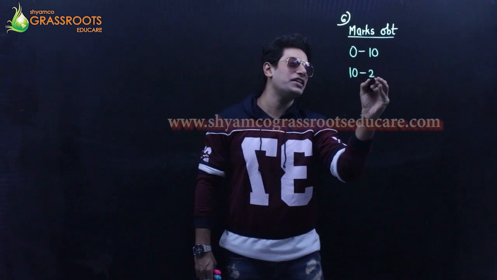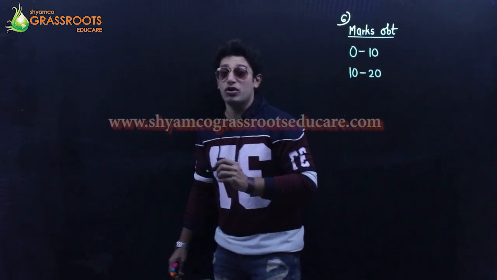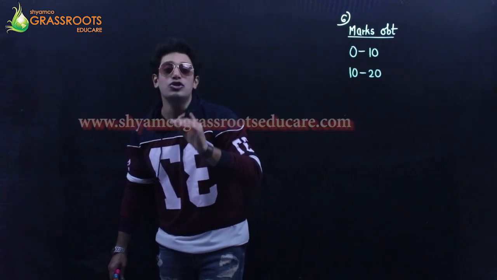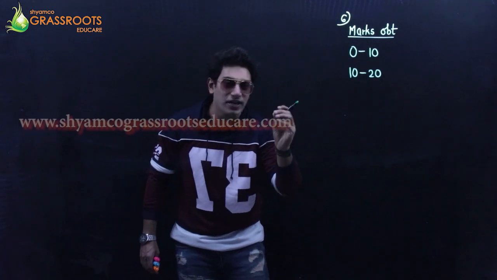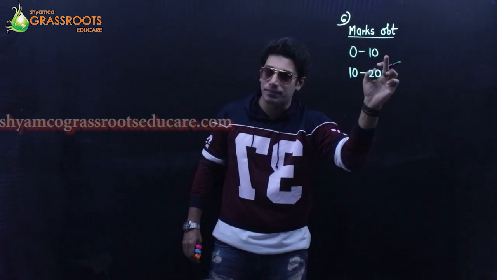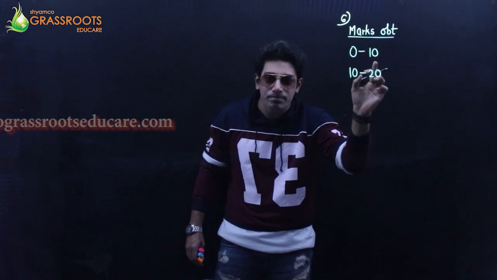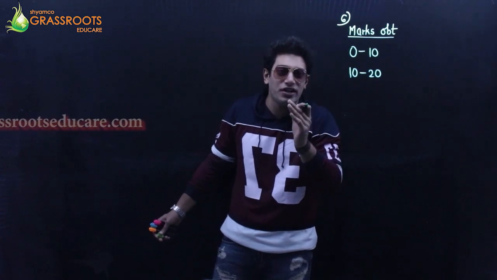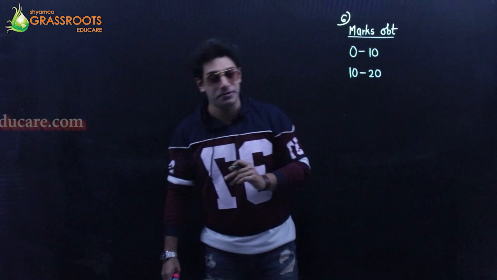I will bifurcate it from 10 to 20 because you can't say 0 to 20. Because for 0 to 10, students having marks from 0 to 10 are already compiling this portion. They are already fitting in this region. So obviously, if I'm talking about less than 20, it is going to be from 10 to 20.